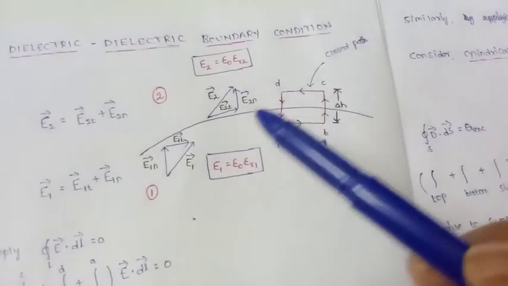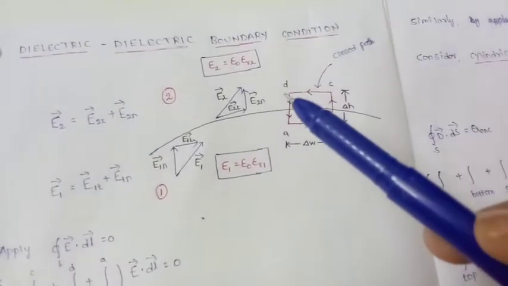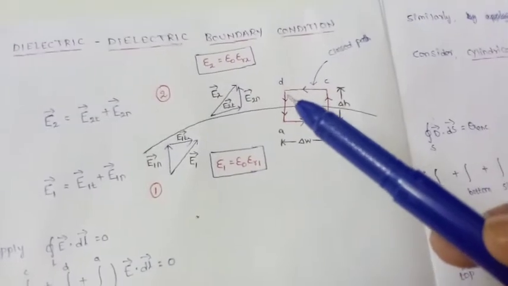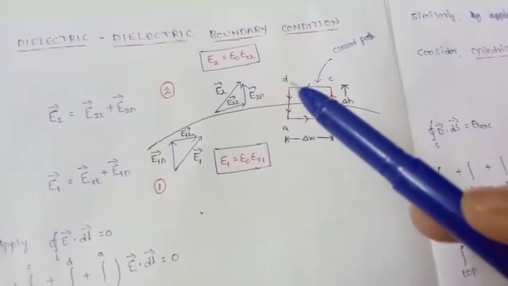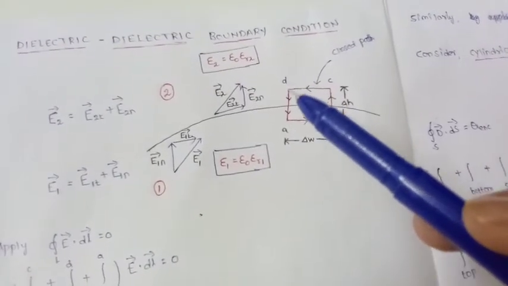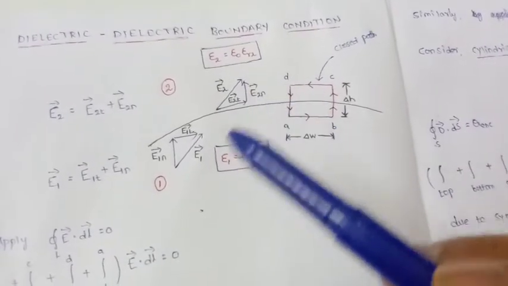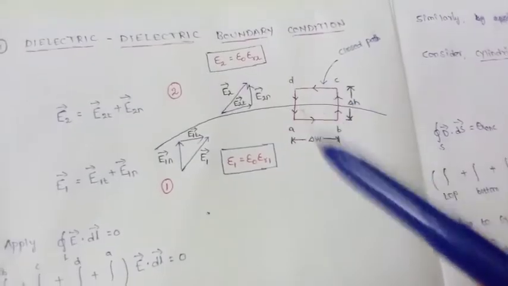See here, like this. Is it clear? Then coming back to D to A, once again it is split into two parts. Half is in region 2, half is in region 1. It is a normal component, but it is going in the opposite direction to the normal component. The normal components are upwards, it is going downwards.